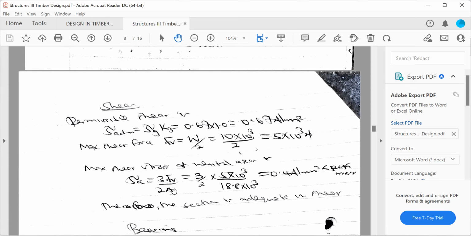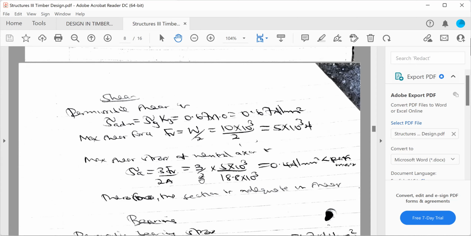Remember the area is what you obtain from the table of section property, geometrical property. So this is 3 over 2 times 5 times 10 power 3, which is our maximum shear force, divided by 18.8 times 10 power 3. Remember this 18.8, we obtain it from the table where we got IXX and ZXX. So this will give you 0.4 Newton per millimeter squared.